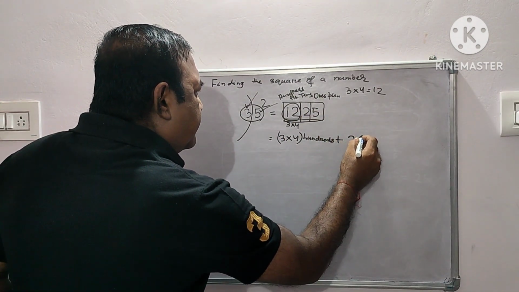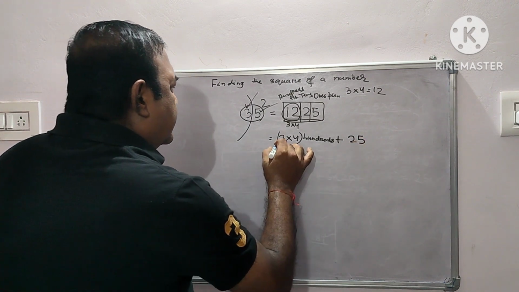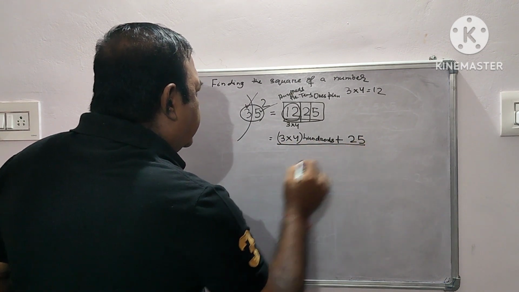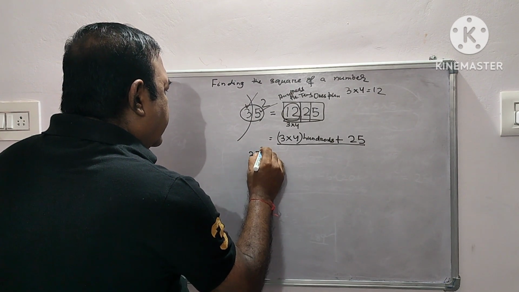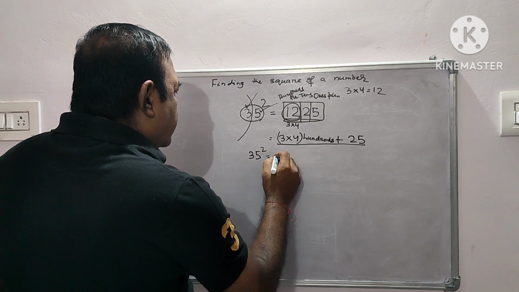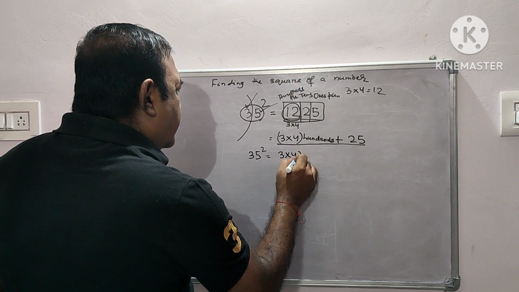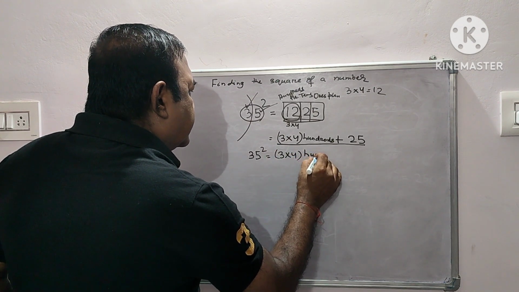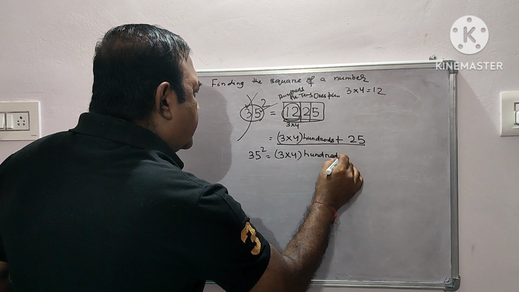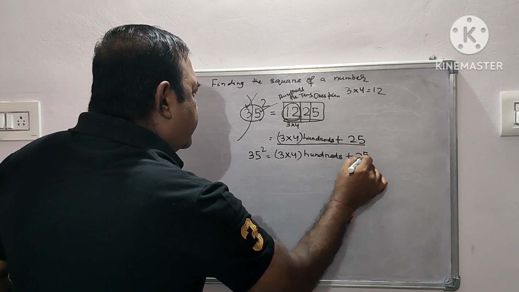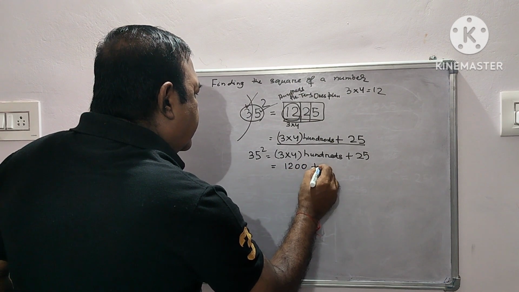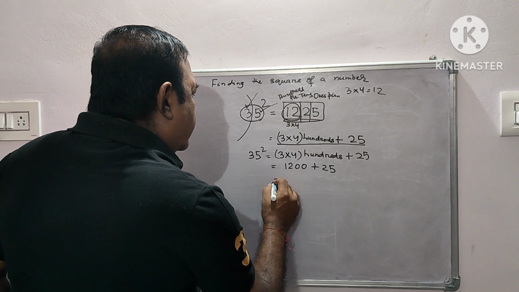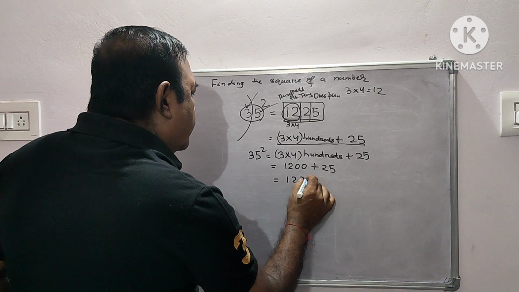So if I write plus 25, you see this. So 35 square is equal to 3 into 4 hundreds plus 25. That is equal to 1200 plus 25, that is equal to 1225.